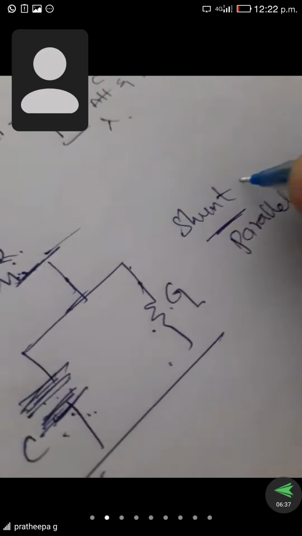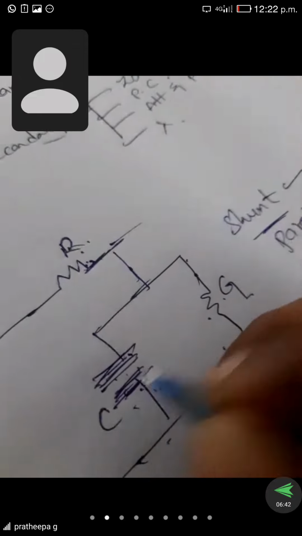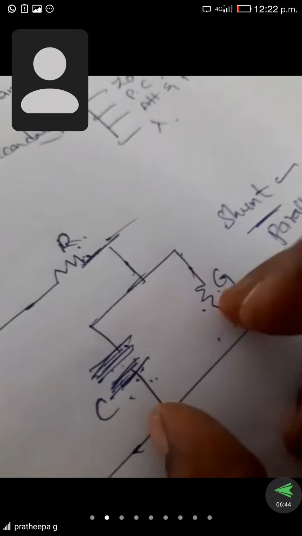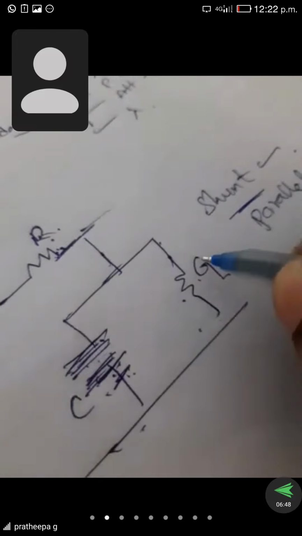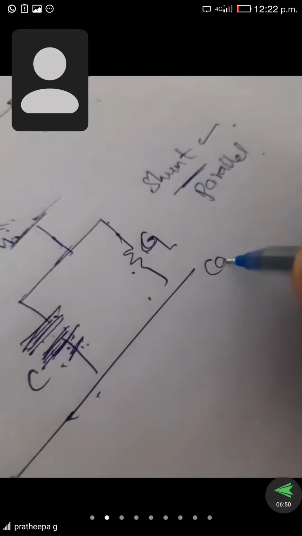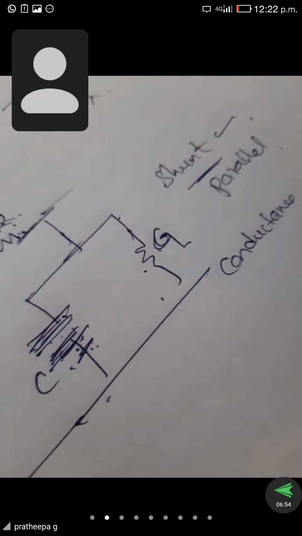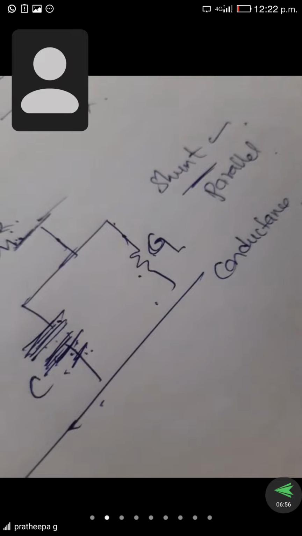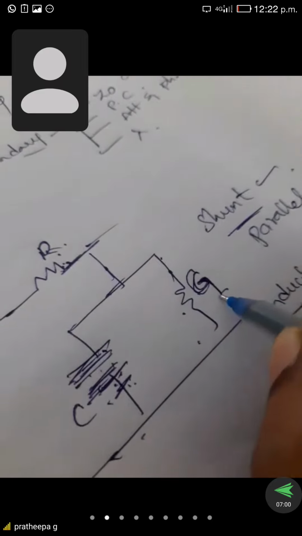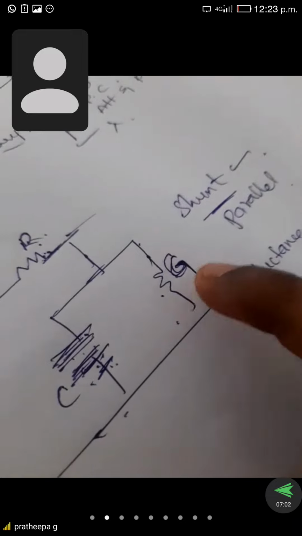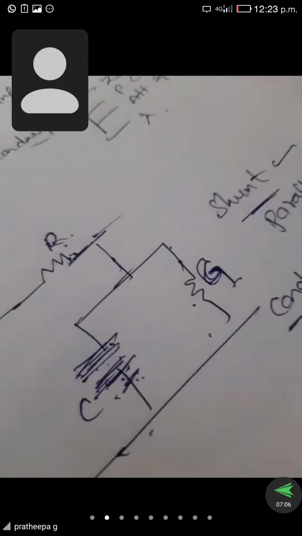So C is a shunt capacitance between two wires in 1 unit length. And G means conductance, a shunt conductance between two wires in 1 unit length.